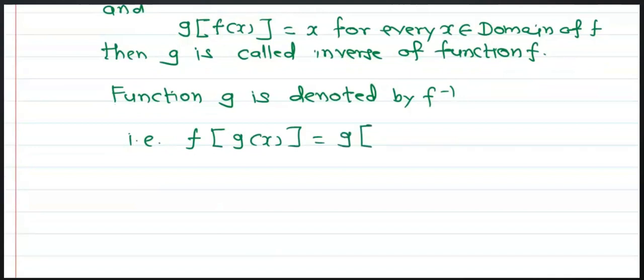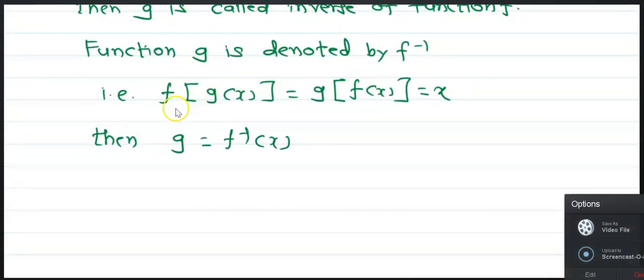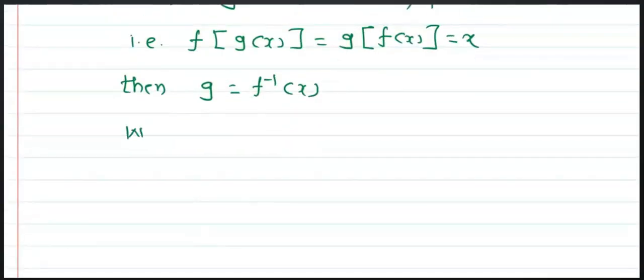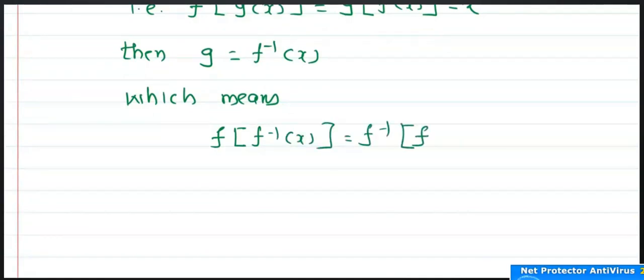Function g is denoted by f inverse of x, and f of g of x is equal to g of f of x, and that is equal to x. Then g is equal to f inverse of x, which means f of f inverse of x or f inverse of f of x is equal to x.